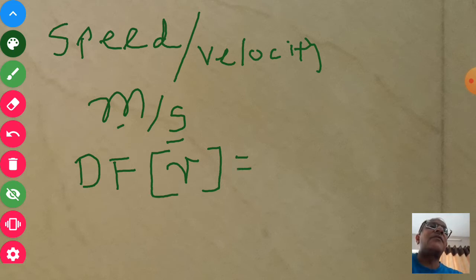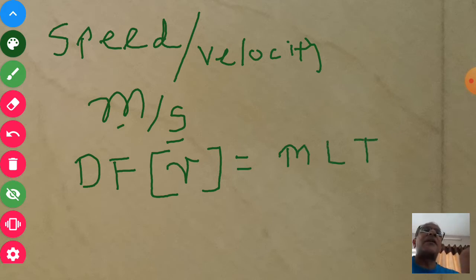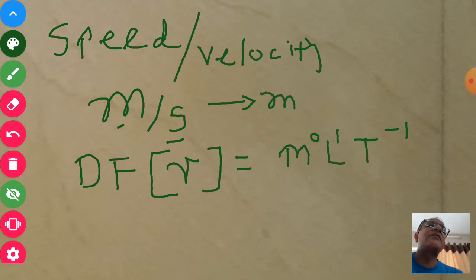For the dimensional formula, first you write M, L and T. Mass is not measured, so M raised to 0. Length is measured once, so L raised to 1, and T raised to minus 1, because this is meter upon second, or we can say meter second raised to minus 1.